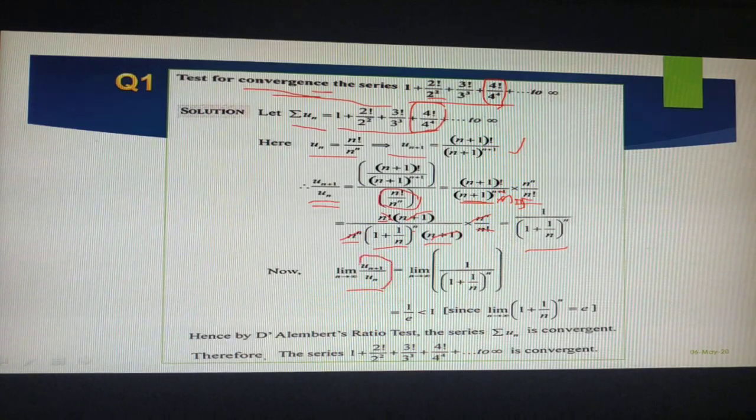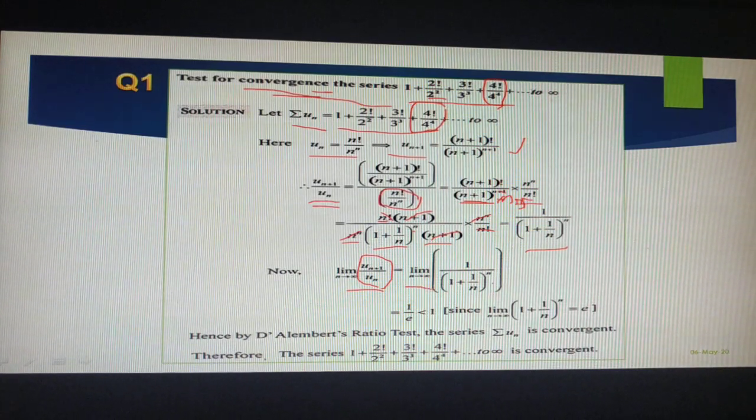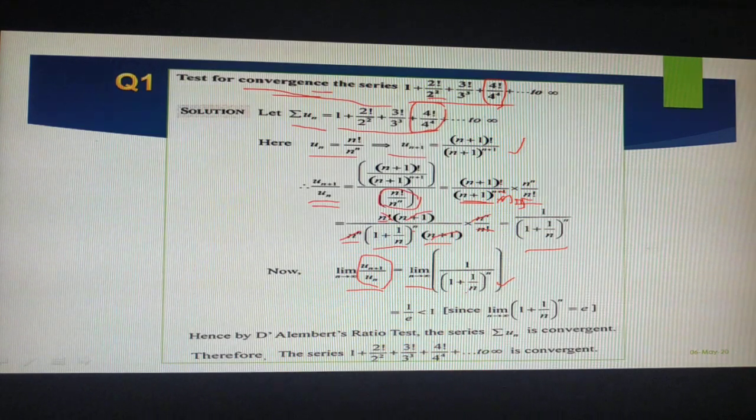Okay, so this is your ratio un plus 1 by un. Now I am applying n tends to infinity. When I apply this limit, again you know this formula: 1 plus 1 by n whole to the power of n is e, right?